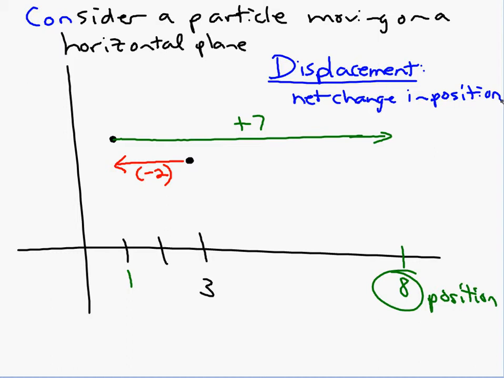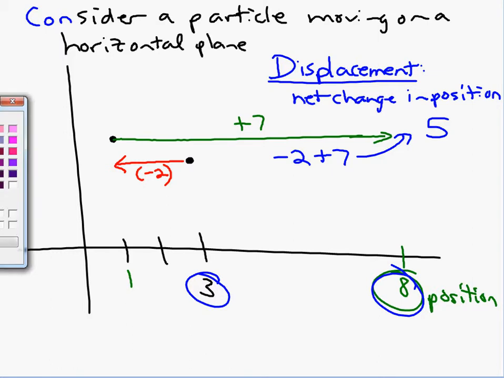It started at 3 and wound up at 8, so I think we can see that the net change in position is 5. Or we could think of that as it moved to the left 2, which is a -2, plus the 7 it moved to the right gives me 5.